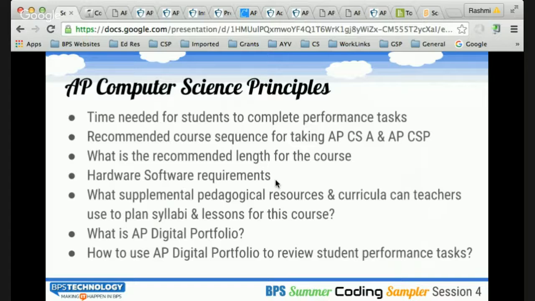We'll talk about the AP digital portfolio in a more elaborate way in a bit, but I just wanted to refer to it. It's going to be a web-based software application that will facilitate the process of collecting and transmitting the AP CSP course performance task evaluations. So this will be a standard digital portfolio that will also go to the AP reading for scoring.